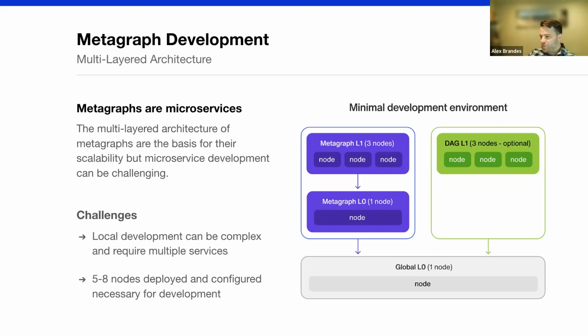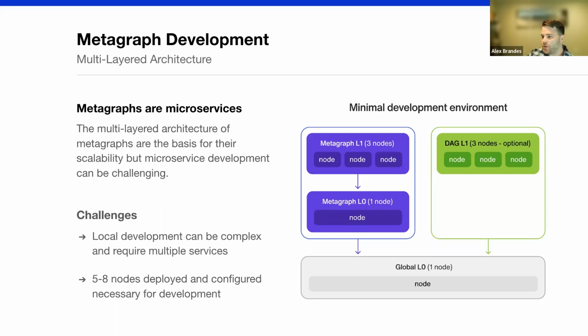And just to expand on the structure we're looking at here, metagraphs are essentially microservices. So you've got a multi-layered architecture with each layer having a specific domain of responsibility, and connections between those layers with specific API contracts for communication.